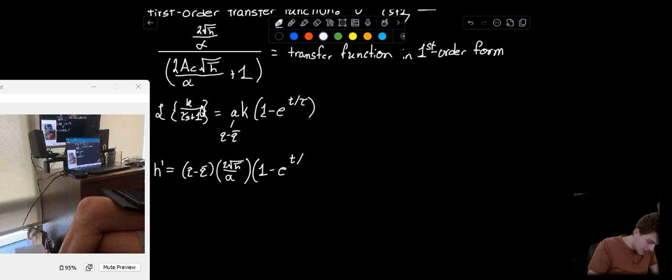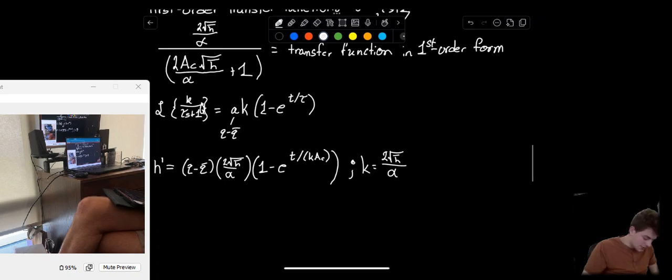What is tau? Tau is basically k times ac. And again, our k value is 2 square root h bar over alpha. Awesome.